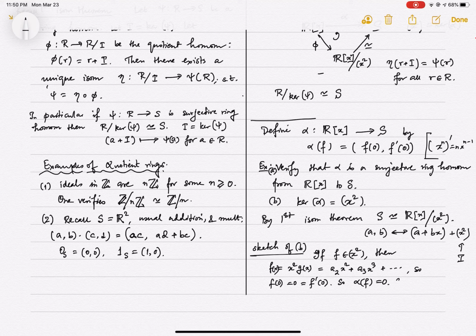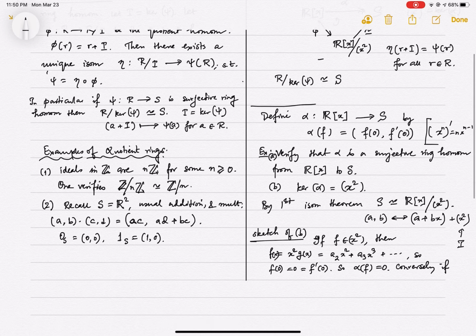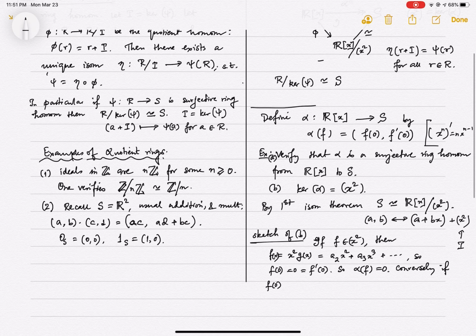Conversely, if f of 0 and f prime of 0 equal 0, then write f of x equals a0 plus a1 x plus a2 x squared plus dot dot dot.